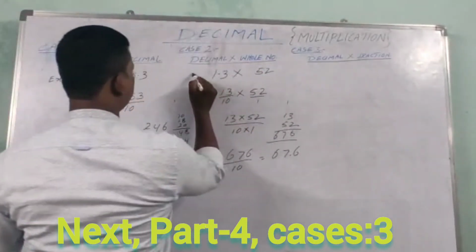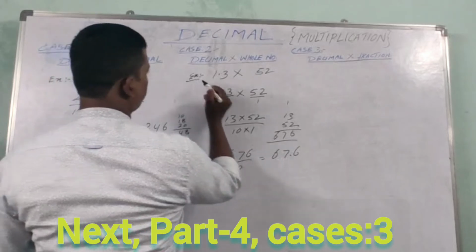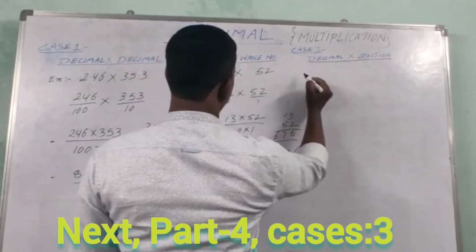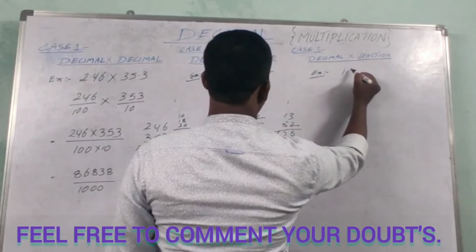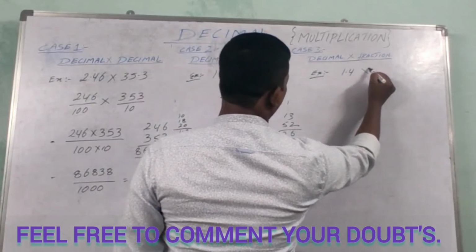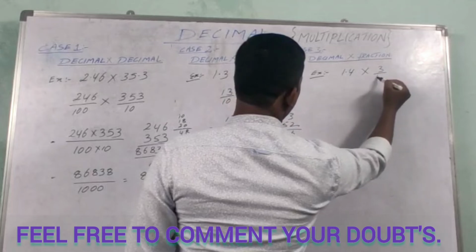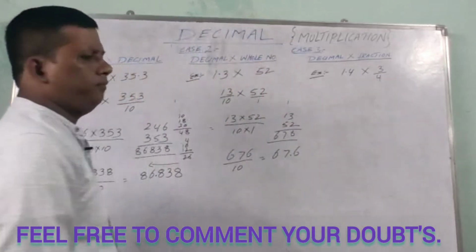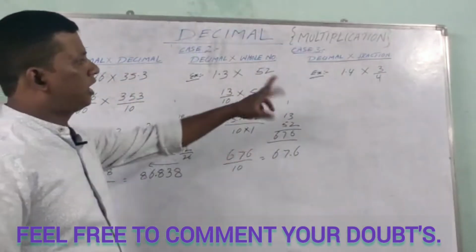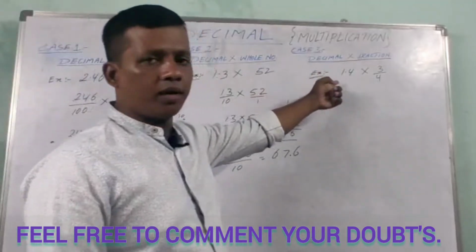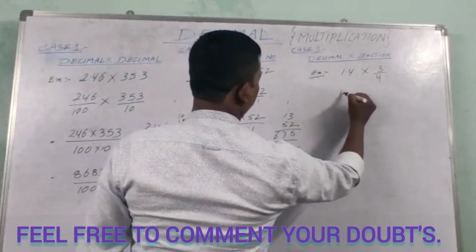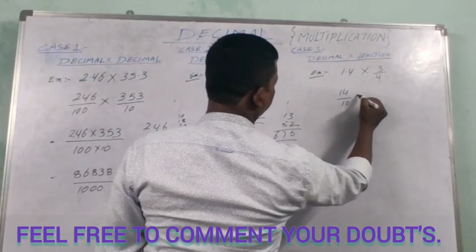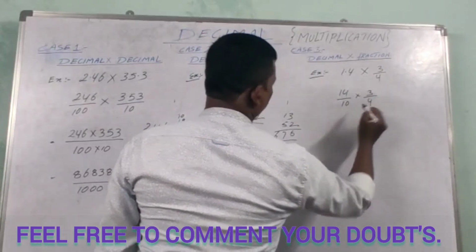Now third case, decimal with fraction. Take the example 1.4 into 3 by 4. Again the same, convert decimal into fraction, that is 14 by 10 into 3 by 4.